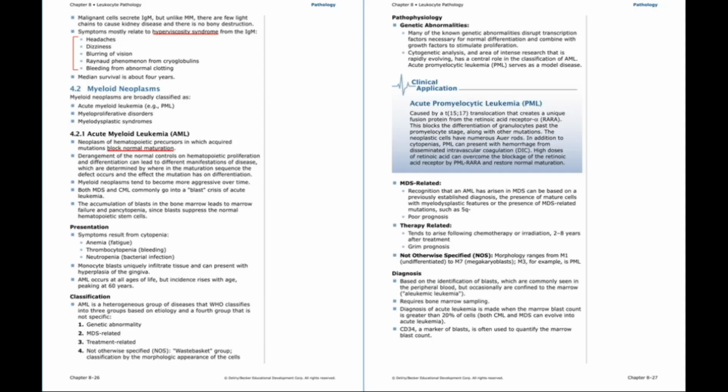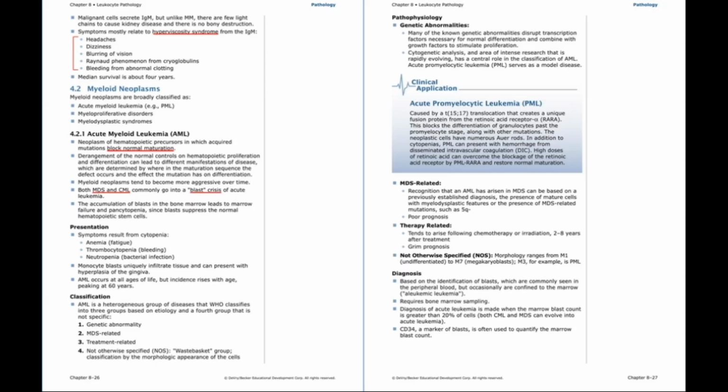Derangements of this normal control of proliferation and differentiation lead to different manifestations of the disease, and these depend upon where in the maturation sequence that defect occurs and the effect that mutation has on differentiation. Over time, myeloid neoplasms tend to become more aggressive. Both our myelodysplastic syndromes, MDSs, and chronic myelogenous leukemias, CML, will go into a blast crisis of acute leukemia.